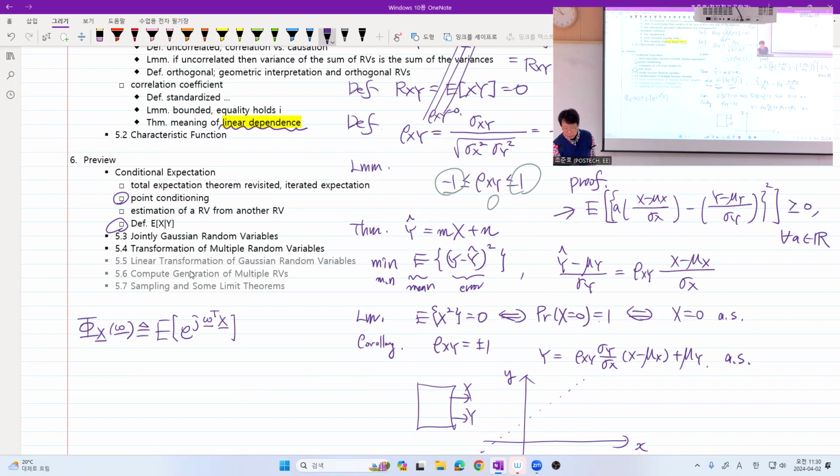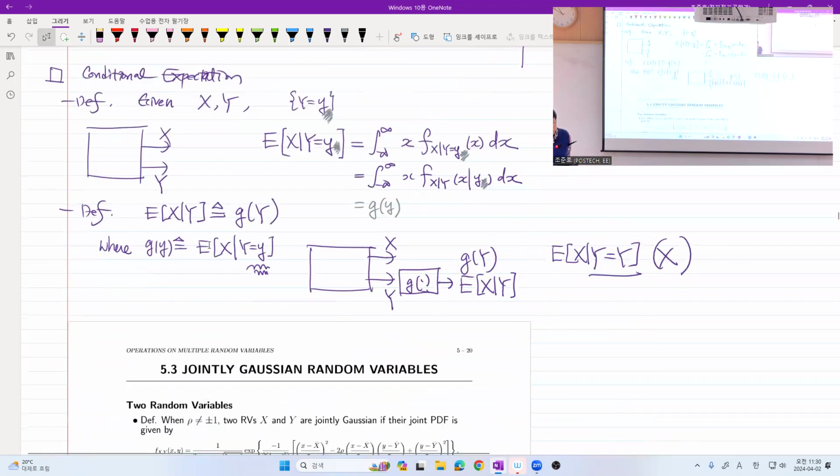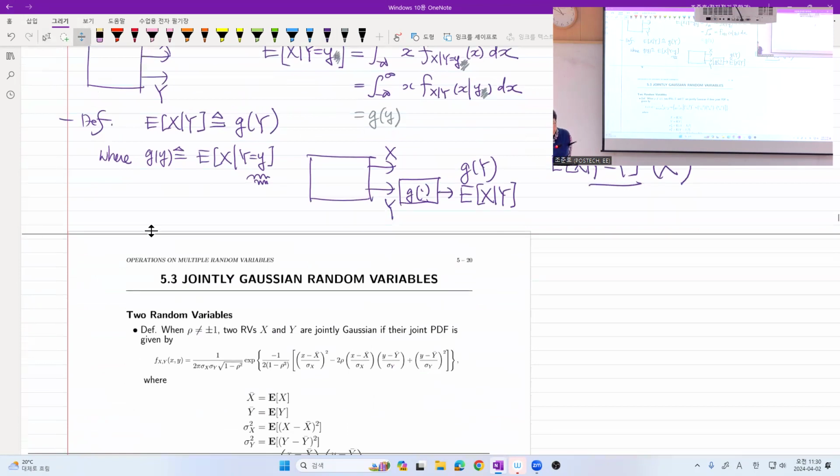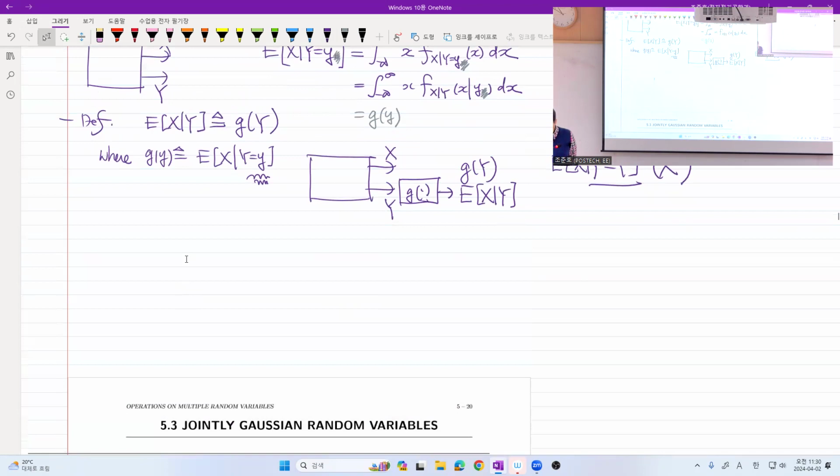By the way, let's revisit our total expectation theorem. When we study the expectation, we apply the total probability theorem to have the total expectation theorem. For example, you wanted to find the expected value of X. And this is hard to compute. Then what do you do? You introduce a partition of the sample space, and each partition is an event.